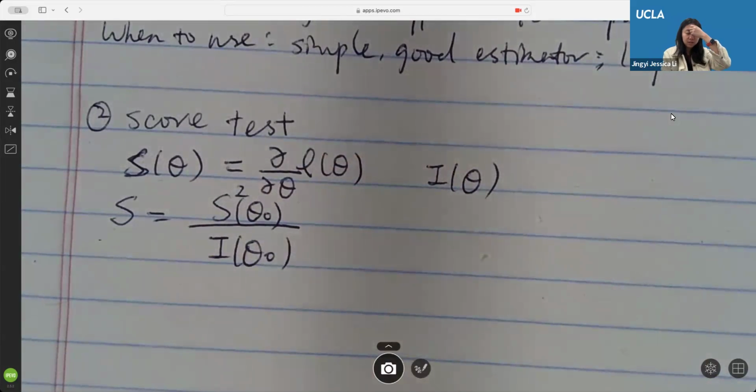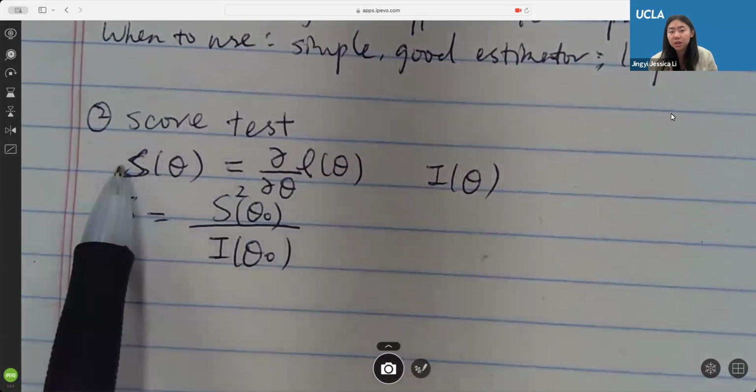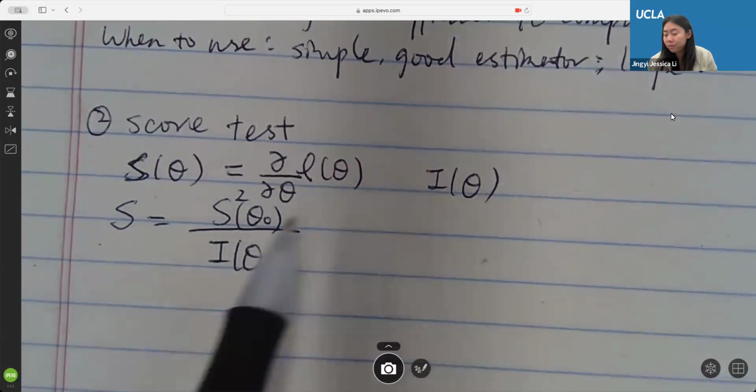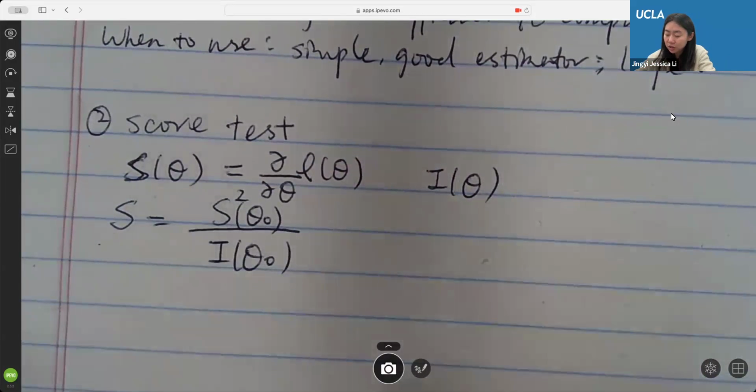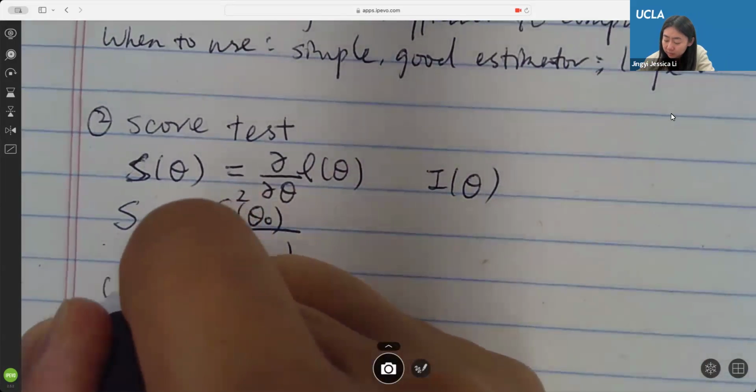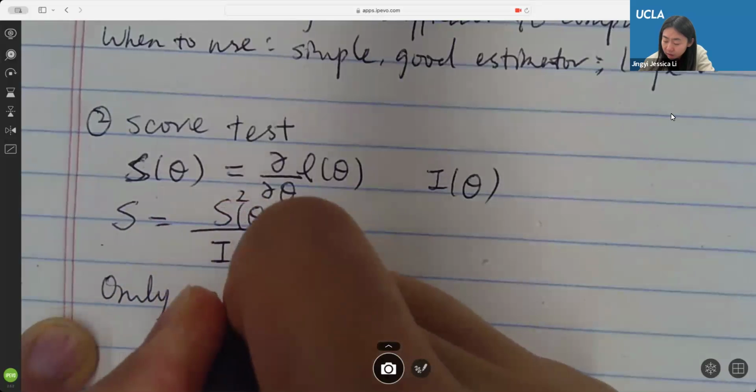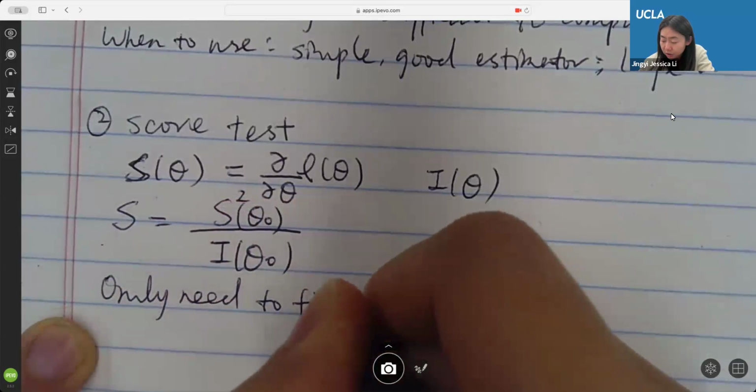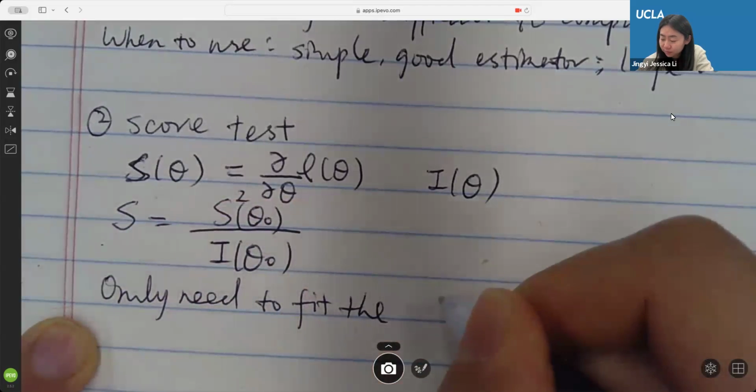This is the score statistic. And the advantage of this is you only need to compute your log likelihood, score function, and Fisher information under the null. So essentially, you only need to fit the null model.